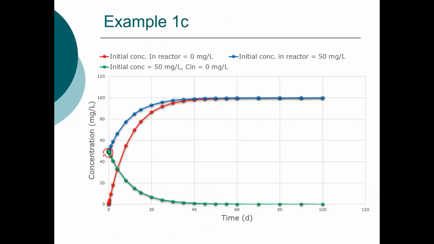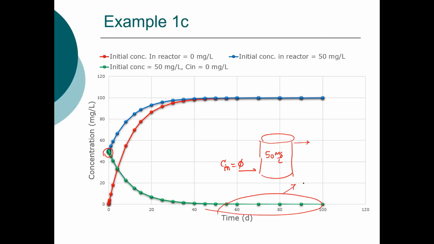So we start with 50, and we're flushing with the pure solution. Here's our reactor. We start with 50, we flush with pure water, and notice the concentration is going to decrease with time until it reaches 0. So the steady state concentration is 0.